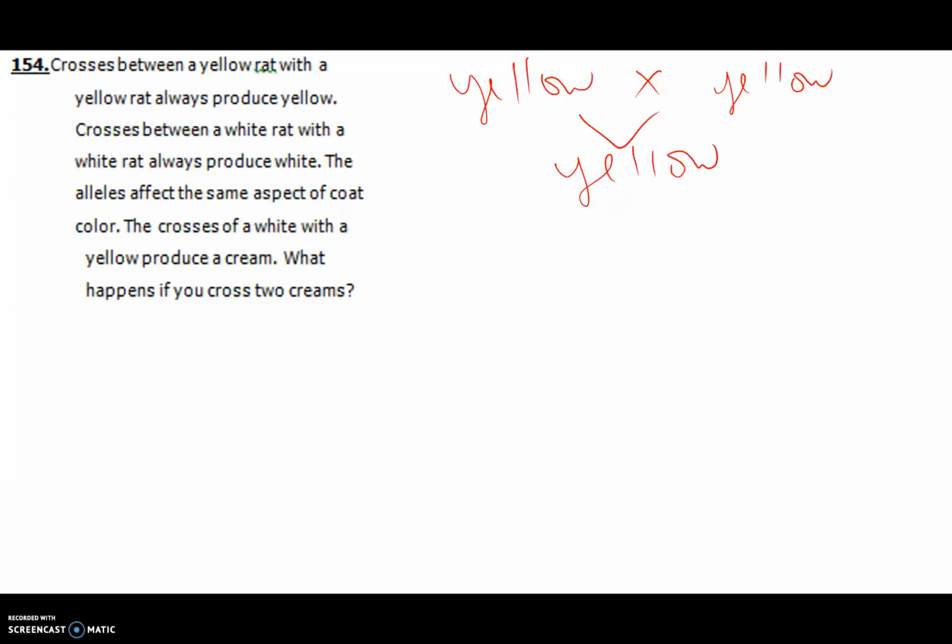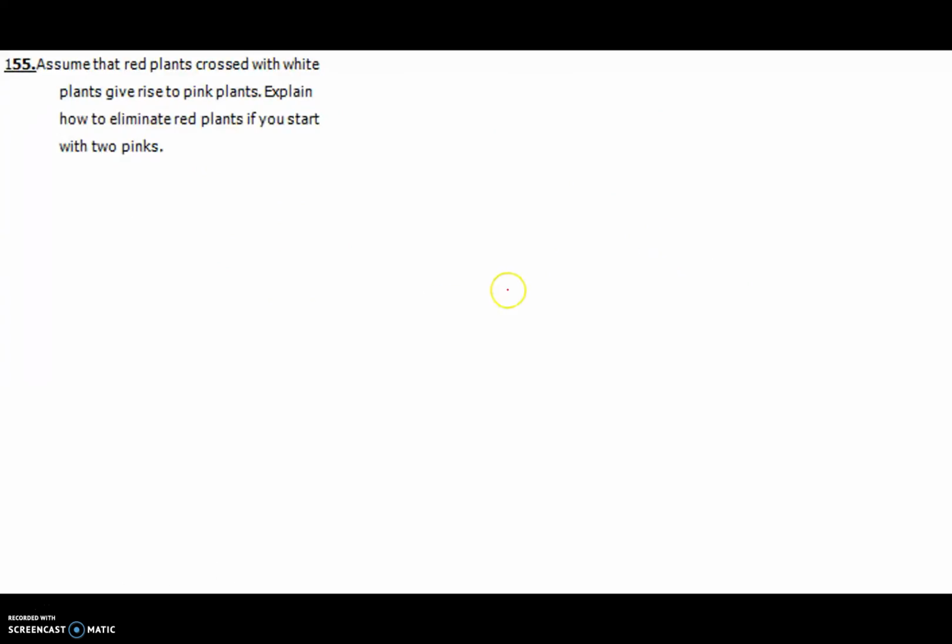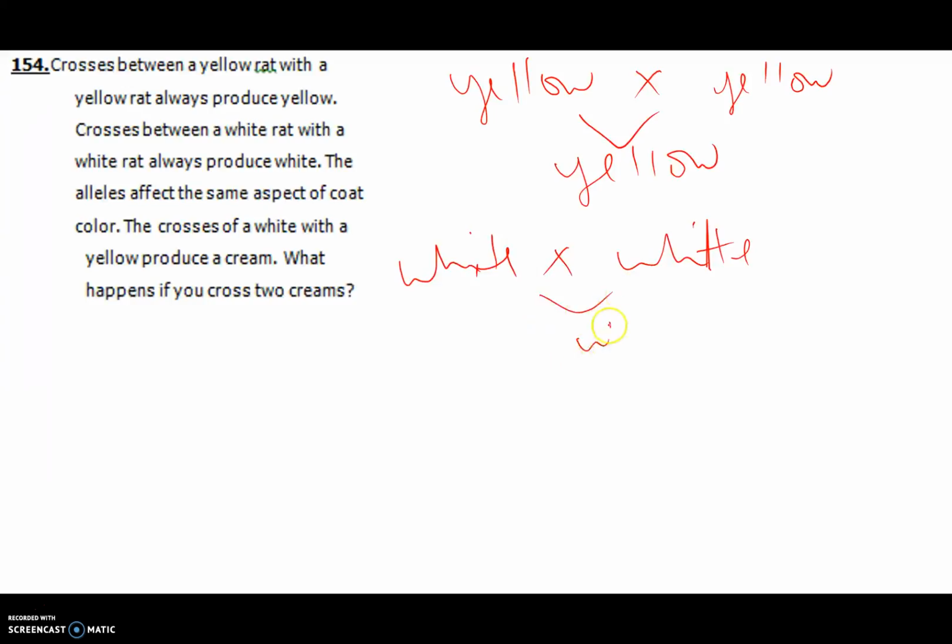Now, crosses between a white rat and a white rat always produce white. The alleles affect the same aspect of coat color. The purpose of that sentence is to let you know that they're talking about the same locus, like eye color, brown eyes, blue eyes, or something.